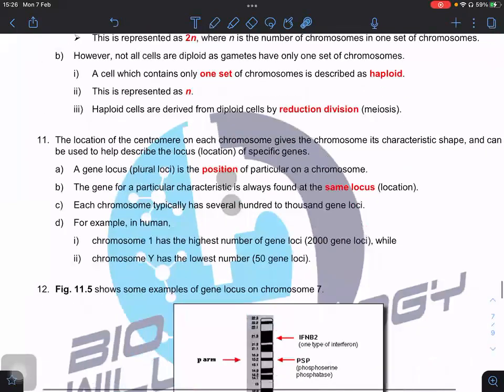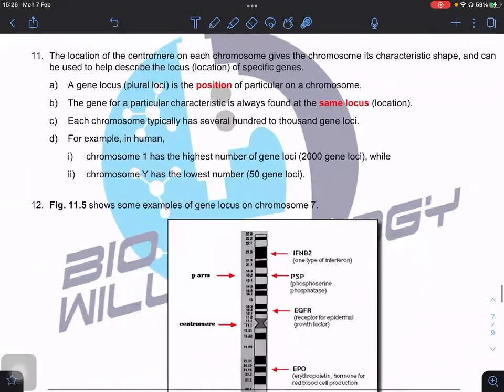If you look at the chromosomes side by side, you'll realize that a gene locus is the position of a particular gene on a chromosome. They always have the same locus. It depends on the size of the chromosome: the longer or bigger the chromosome, the more genes it has. For example, chromosome 1 has about 2,000 gene loci, while chromosome Y, the smallest, has about 50 gene loci.